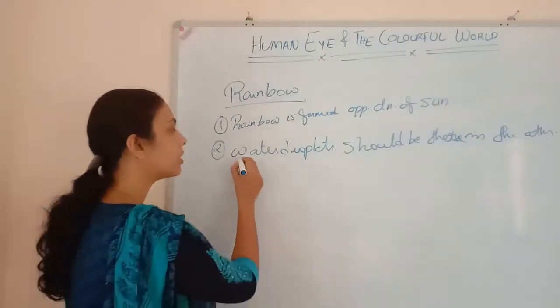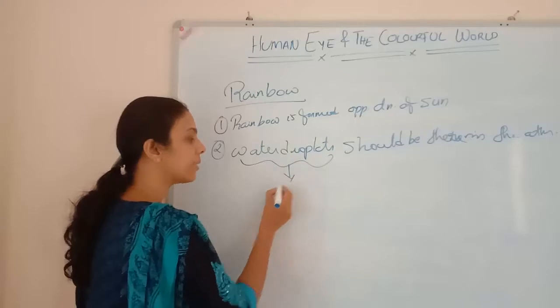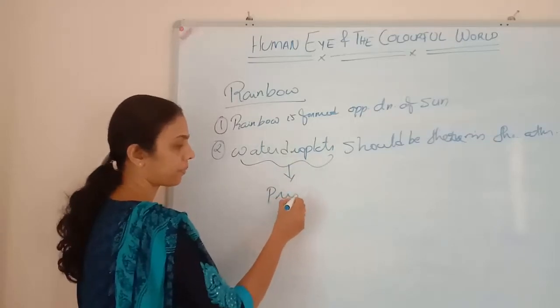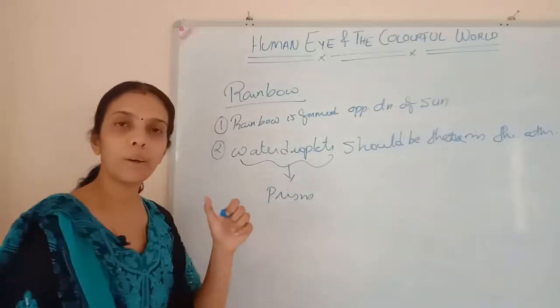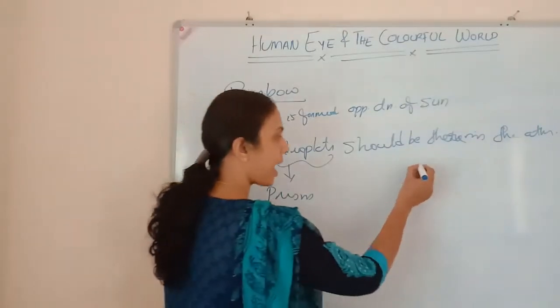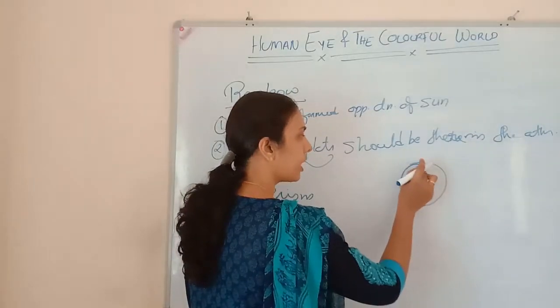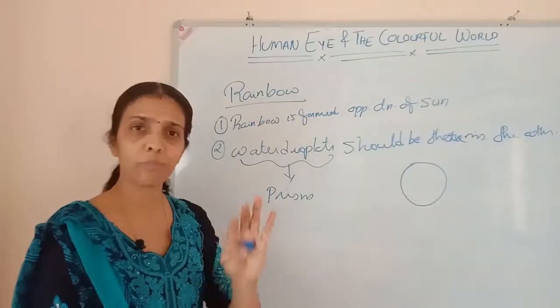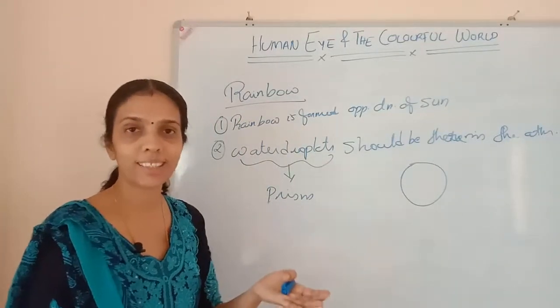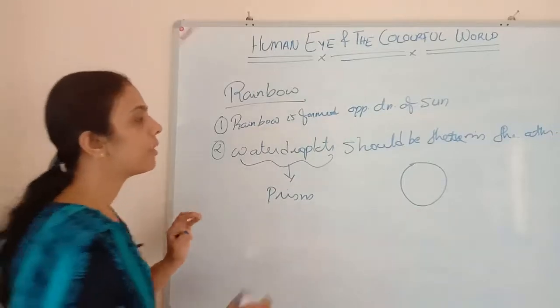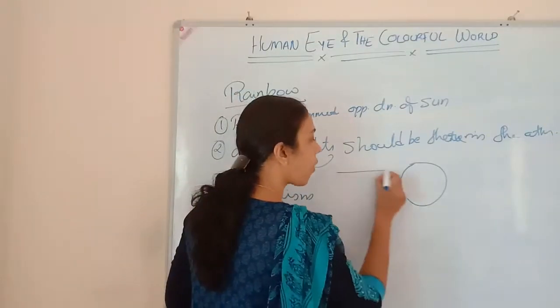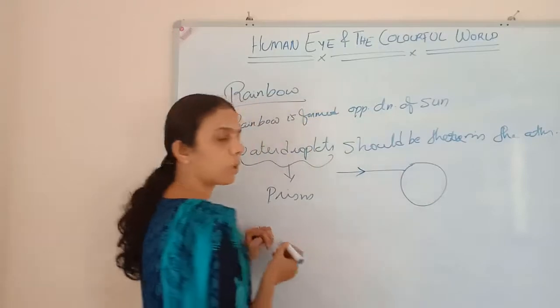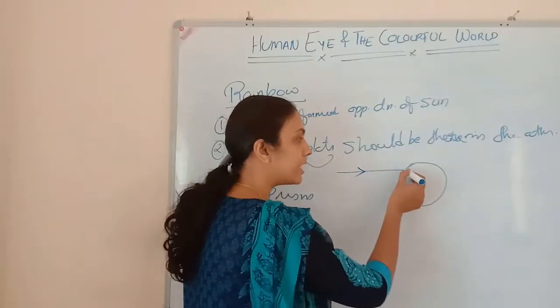These water droplets will be acting as a prism. Suppose this is a water droplet. A small water droplet is enough, but while drawing we can't draw it like that. If the sun's rays fall on this water droplet, it will get dispersed.